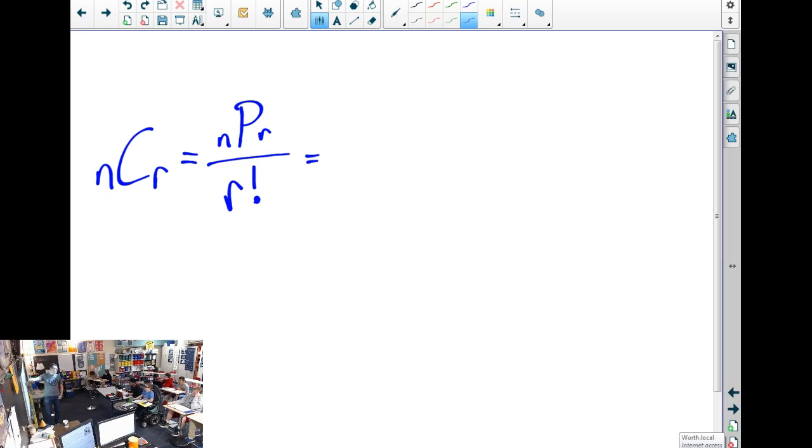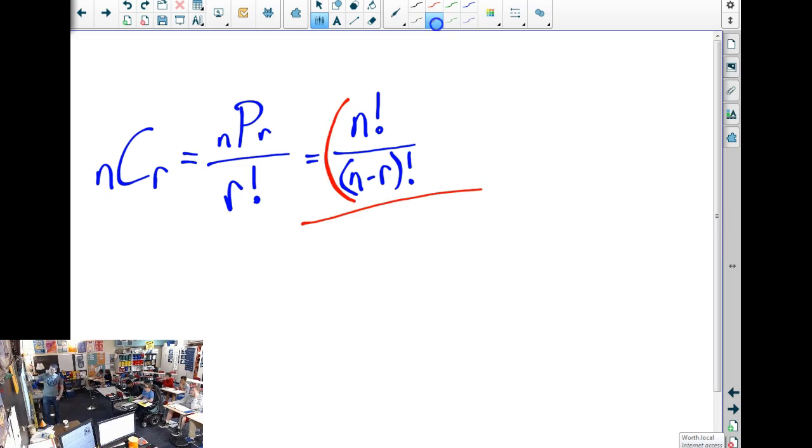That would be the equation, which is n factorial over n minus r factorial. You can factor that out and you get n factorial, and then this entire thing over something other thing.